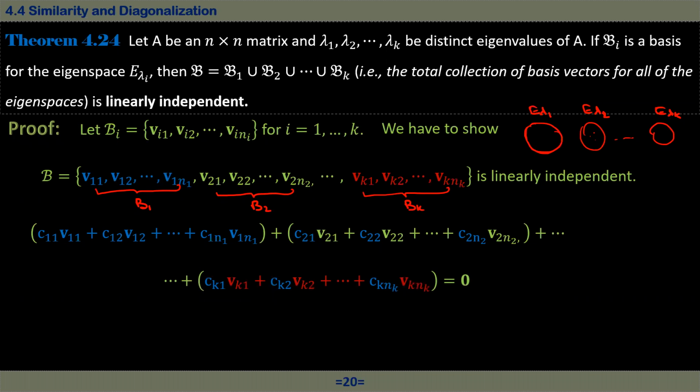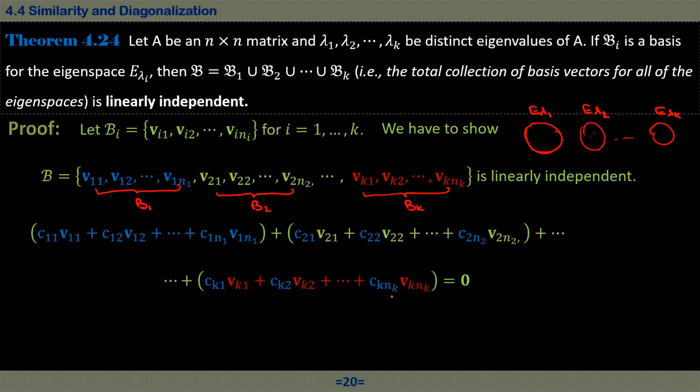Now suppose some non-trivial linear combination of these vectors is the zero vector: c11 times v11 plus c12 times v12 plus dot dot dot. These are linear combinations of the basis vectors of the first eigenspace, and in the second brackets, linear combinations of the basis vectors of the second eigenspace, and in a similar way up to the last one.